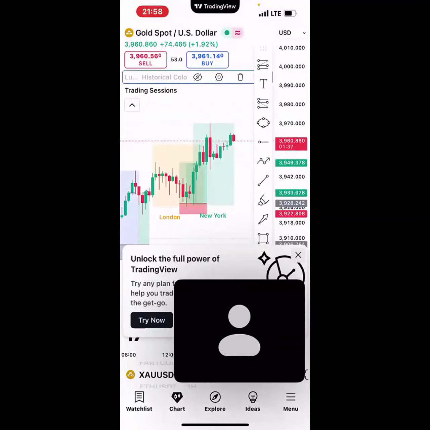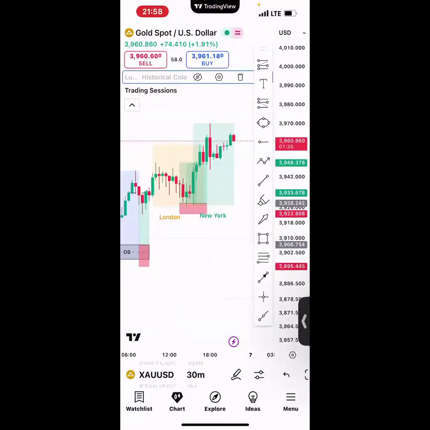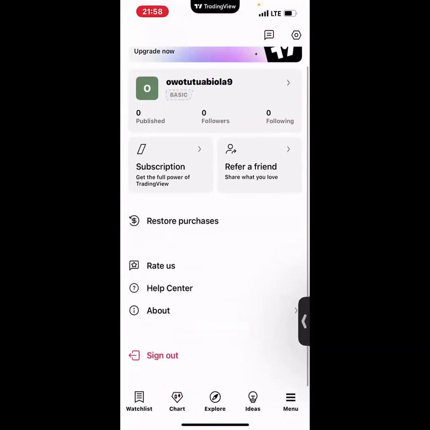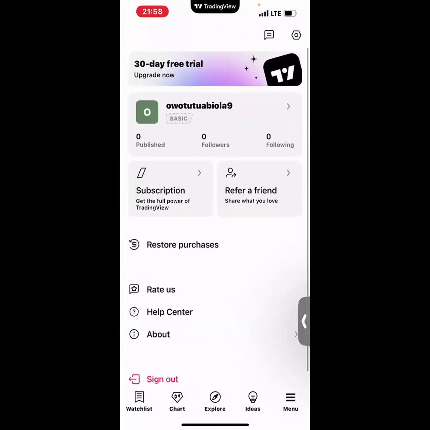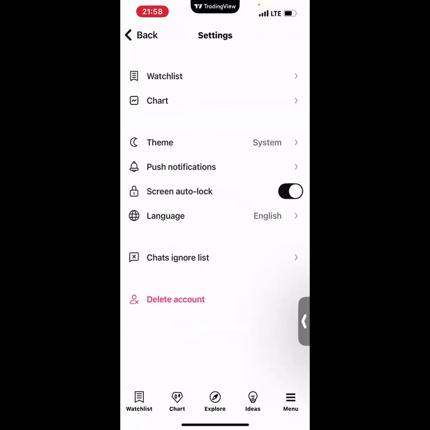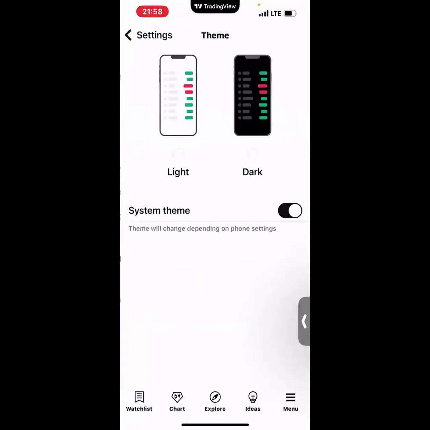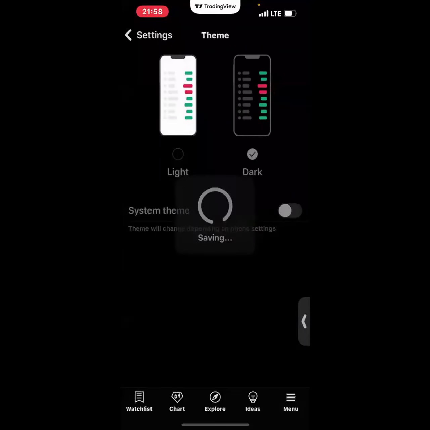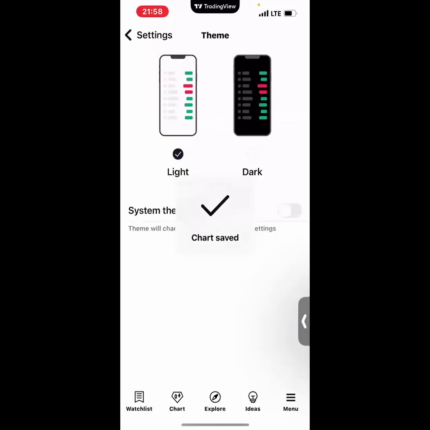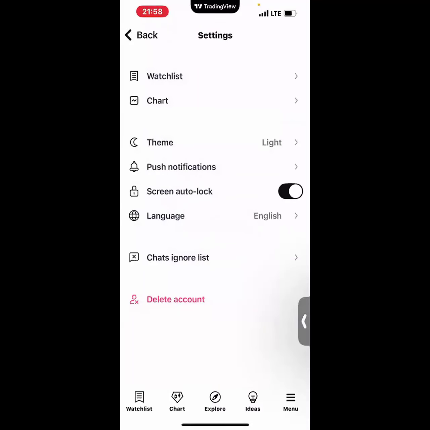You see my screen is white, right? That's because when I came to the menu here, I come to the settings, I can put my theme to different modes, either dark mode or light mode. It's better if you put it on light mode so that the screen will be better.